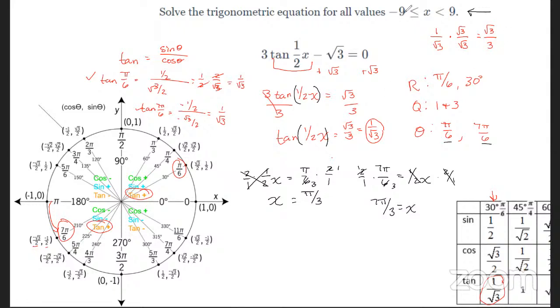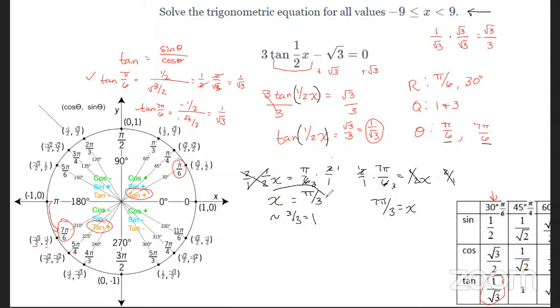So our domain is -9 to +9 is all that x is able to be. So let's plug in 3 for our possible estimate for pi. So 3 over 3 is equal to 1. Does that fit in our domain? Is 1 in between -9 and +9?